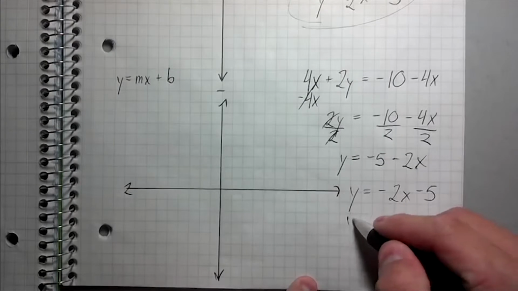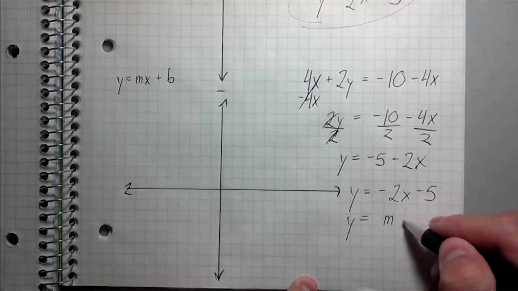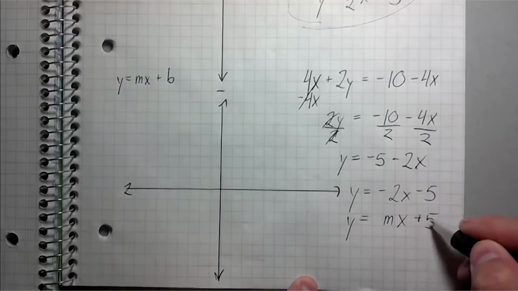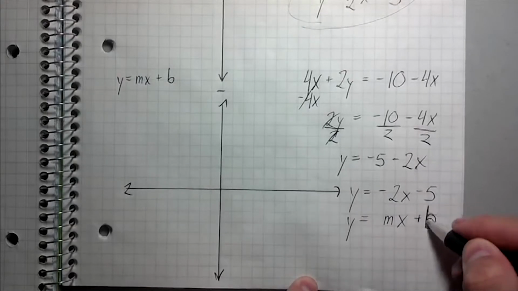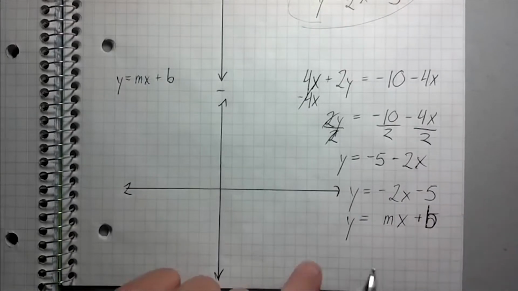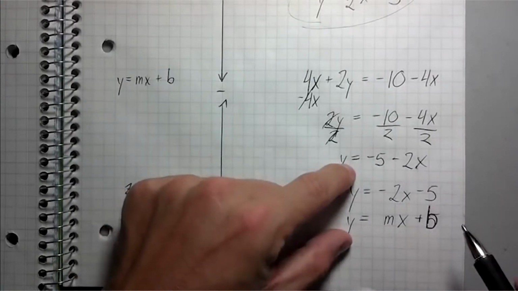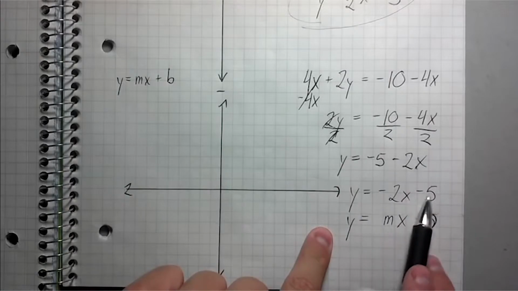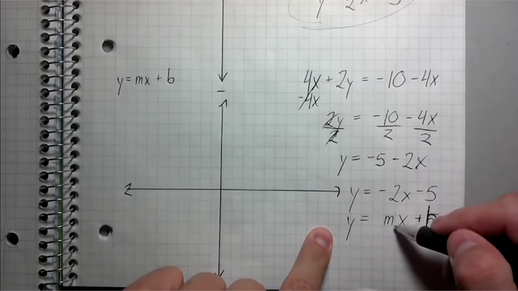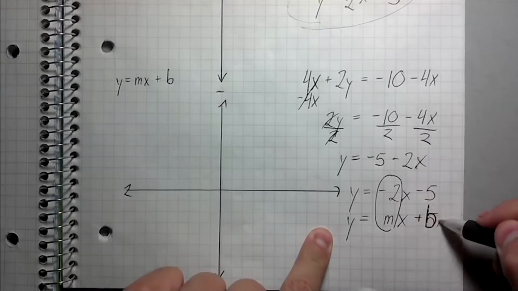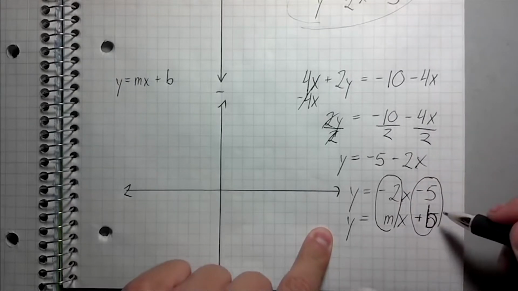In fact, I'm going to write that underneath it, so you can see exactly what this is. Whoops, I just messed up. It's supposed to be b. Okay, so notice, y equals mx plus b corresponds one-to-one to y equals -2x minus 5. What that means is that m and -2 go together, and b and -5 go together.